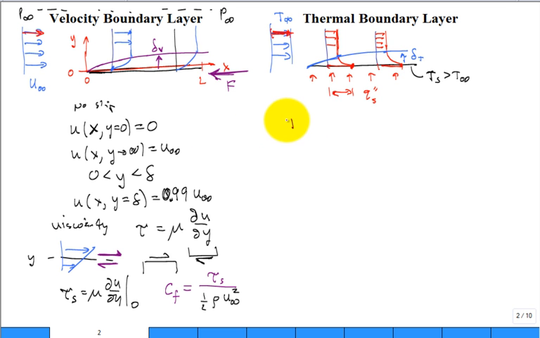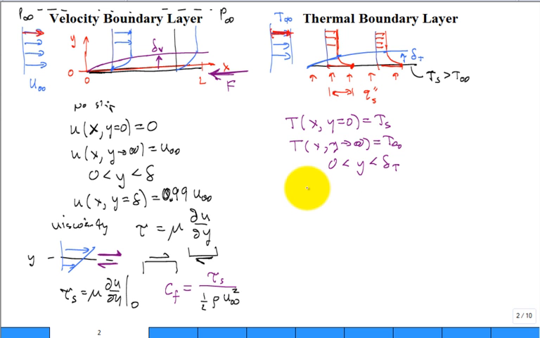Okay. Well, you can think of it just like this. What is the temperature at x at y equal to 0? Anywhere along the surface, that's the surface temperature. What's the temperature at x as y goes off to infinity? T infinity. And so the zone of effect is for y going between 0 and the thermal boundary layer thickness. How do we define it? Well, you're going to have a hot surface temperature.